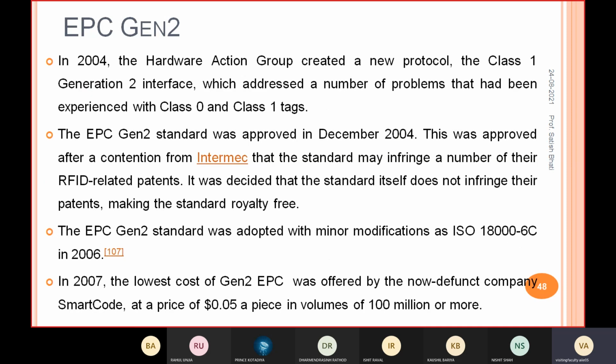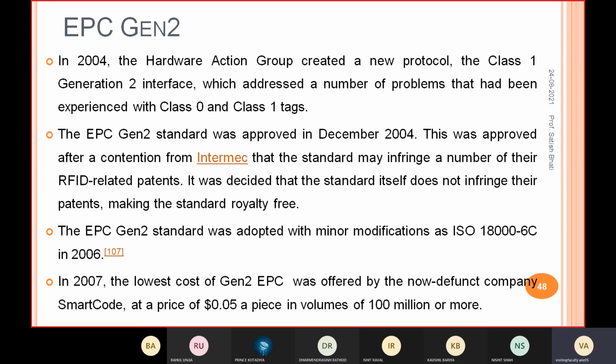Then in 2004, the Hardware Action Group created a new protocol, the Class 1 Generation 2 interface, which addressed a number of problems experienced in Class 0 and Class 1. Class 1 and Class 0 tags have many disadvantages or limitations, and those limitations are overcome by this latest Generation 2 protocol.